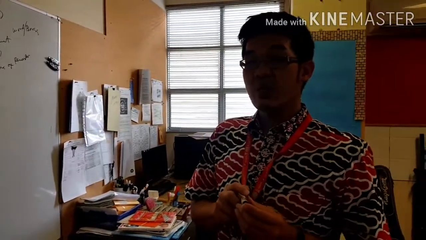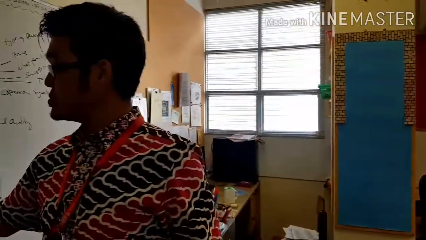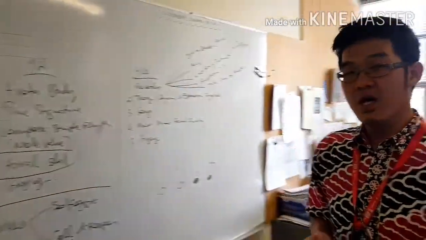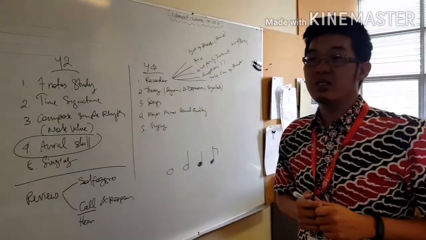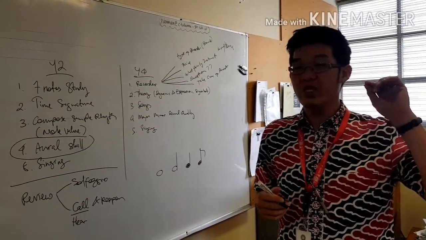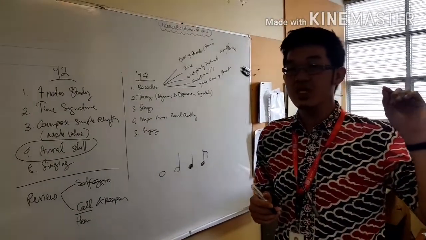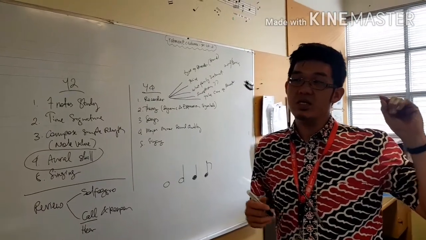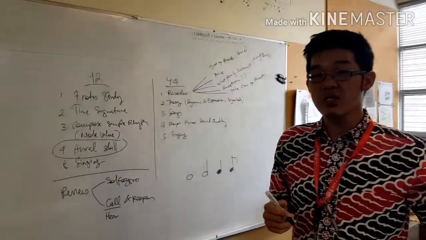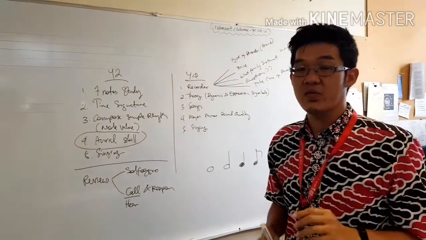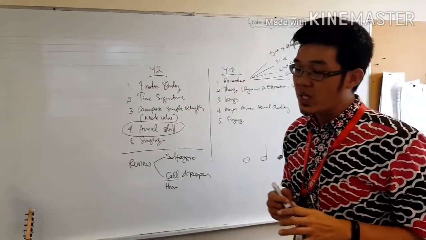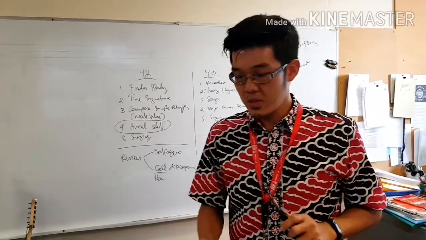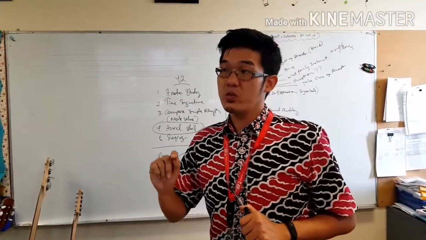And the other topic is going to be oral skill. Oral skill is the ability to hear a note and guess what the note is, or the interval of the notes. For example, I'm playing do to re.